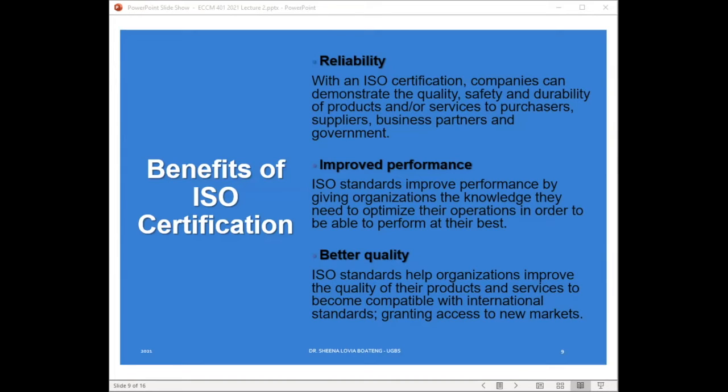And because your product meets the standard of these different markets, you can now have access to those markets and even sell some of your products there because the quality is acceptable based on international standard. So better quality is a third benefit of obtaining an ISO certification as an organization.